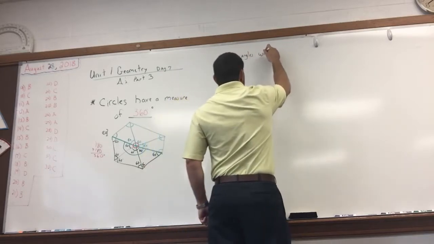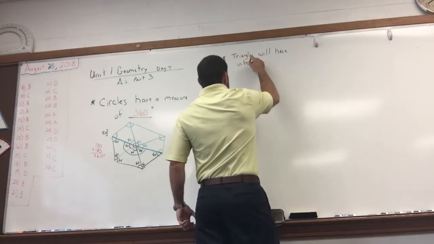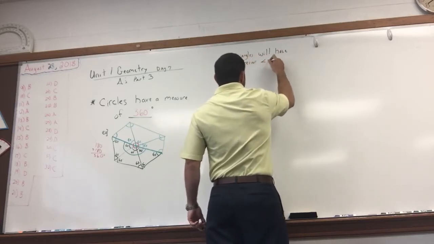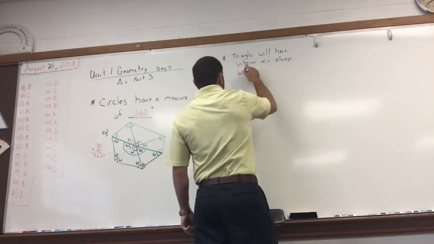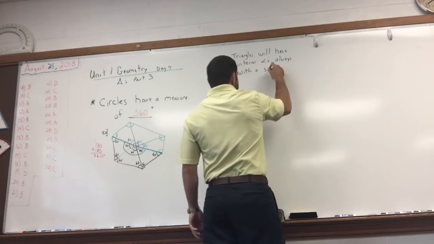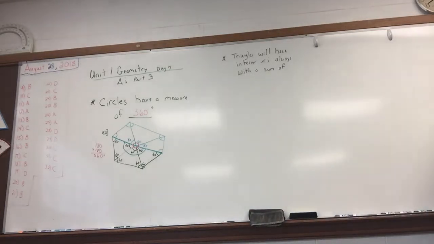Triangles will have interior angles always with a sum of... What will the interior angles of a triangle, interior meaning inside, what will the inside angles of a triangle have a sum of?